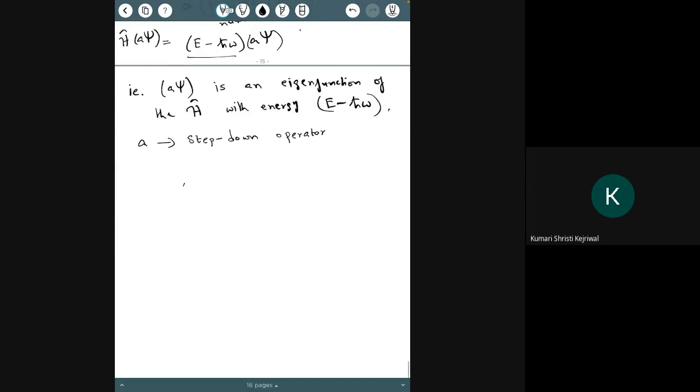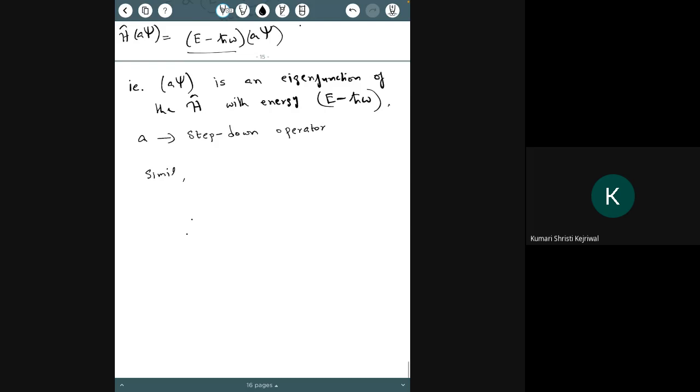Similarly, if I do the same thing for H acting on a dagger psi, what I will get is basically E plus h cross omega acting on a dagger psi. Here psi we are taking as the eigenfunction of the Hamiltonian in this case.